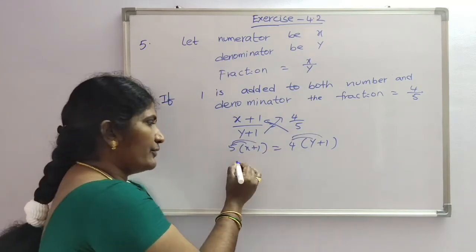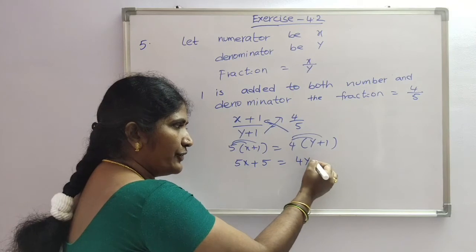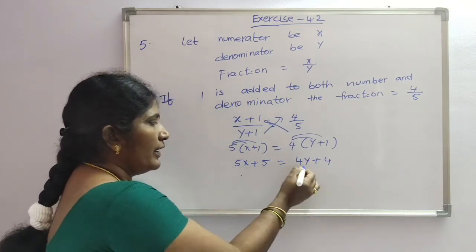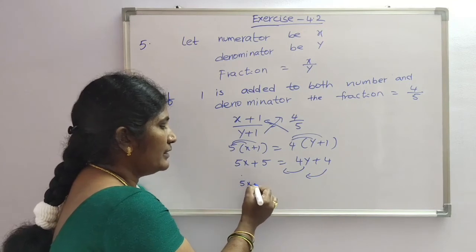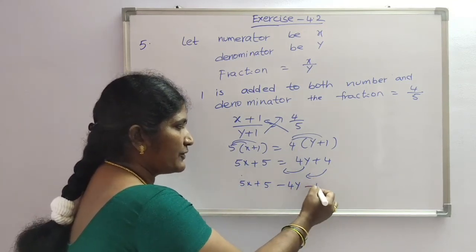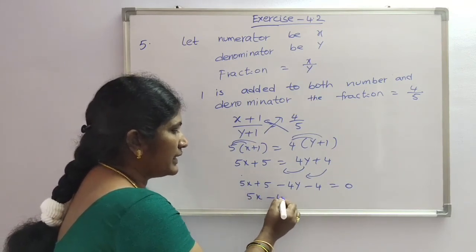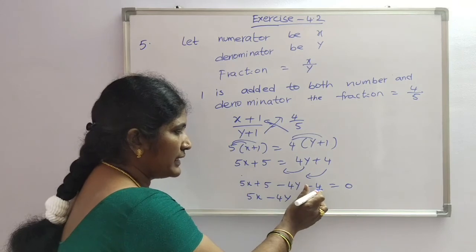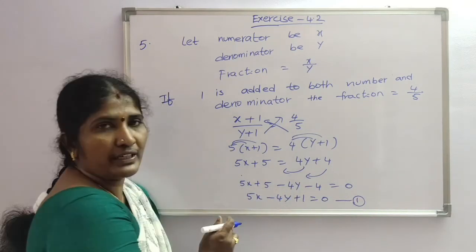Now multiply with 5. 5 into x, 5x plus 5 ones 5. 4 into y, 4y plus 4 ones 4. Now get all terms to LHS, then we can frame the equation. 5x plus 5 minus 4y minus 4 is equal to 0. 5x minus 4y plus 5 minus 4 is plus 1 is equal to 0. Now we got one equation.